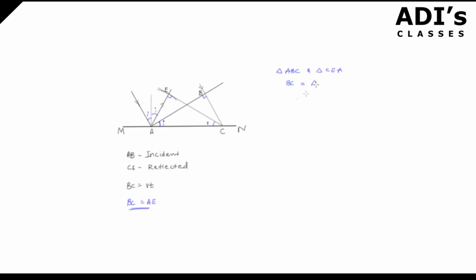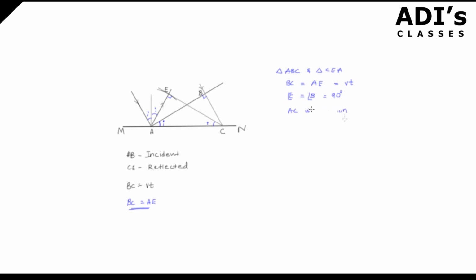If you take the two triangles, triangle ABC and triangle CEA, both have a 90 degree angle. We have BC equal to AE.